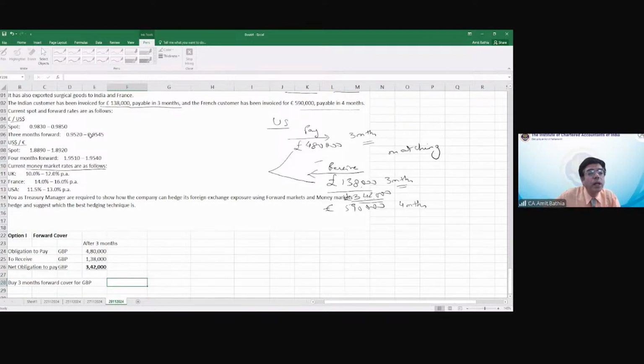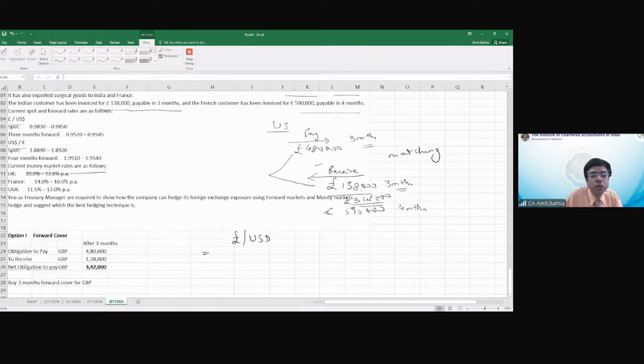Okay. What is your base currency? Base currency is dollar and reference is pound. Okay. So here I have been given the rates as pound upon USD. Am I right? Yes, sir.